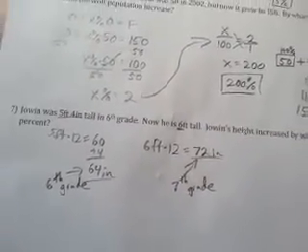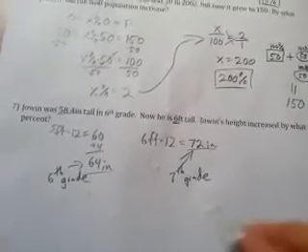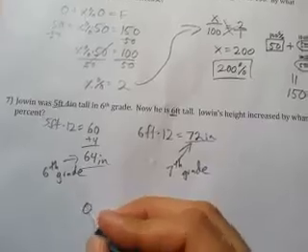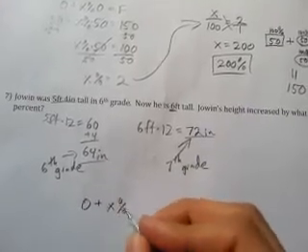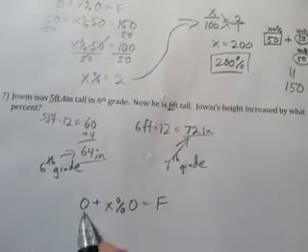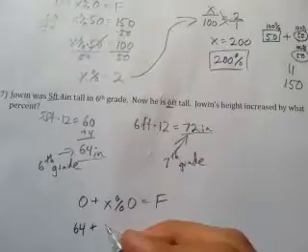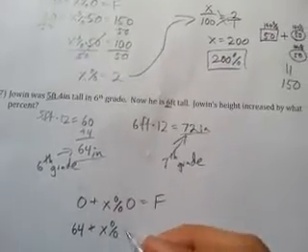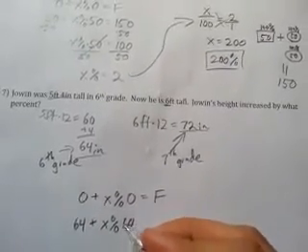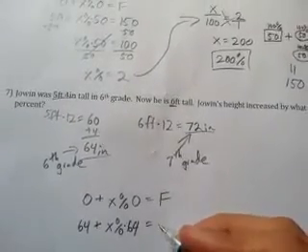So I'm going to use these numbers to see by what percent he increased. So the original plus X percent of the original gives me the final. What did I start with? I started with 64. What did I increase by? I don't know. But I know I started at 64. The original is equal to, and I know my final is 72.